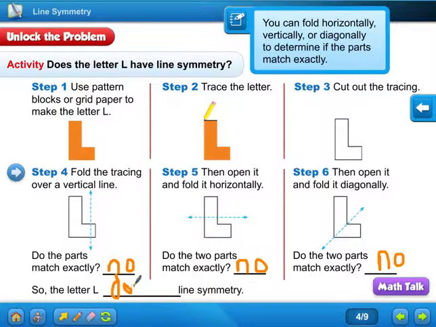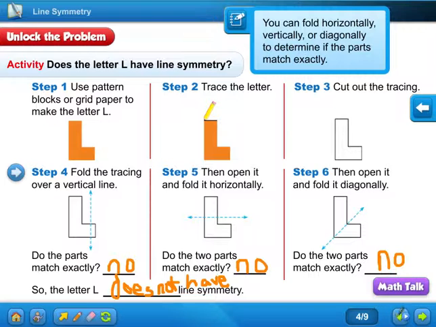Whoa, that's some bad writing. Not. I've got to squeeze a lot in here. Have. Does not have line symmetry.